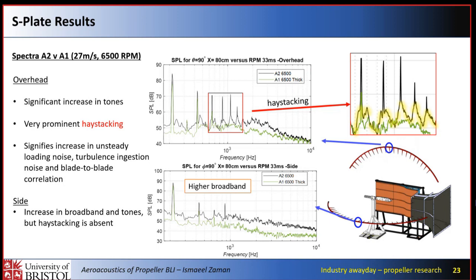This occurs when your broadband noise, which is typically a more straight profile across the frequency range, becomes so correlated with your blade's passing frequency that it starts to form humps around those tones. So that's for the overhead array. For the side array, we do have an increase in broadband over the flat plate case, but not as significant in terms of envelopes.